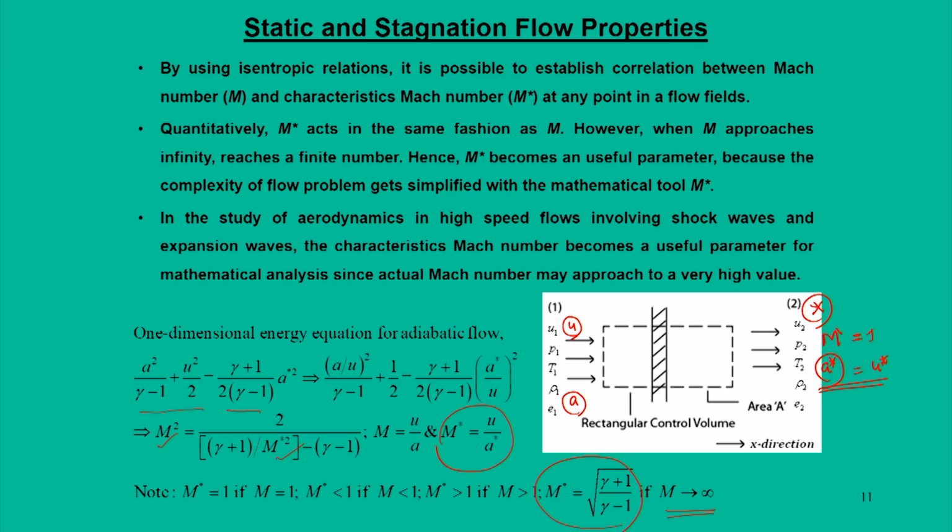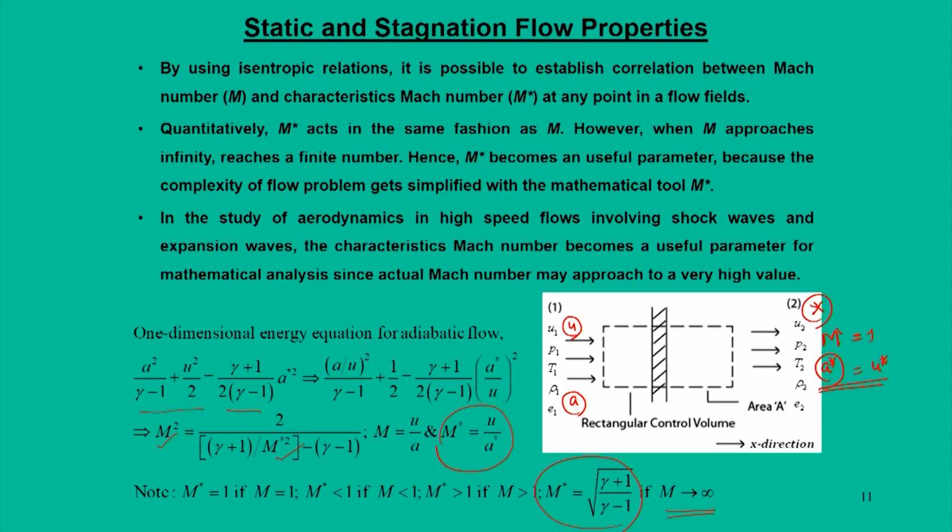When we are dealing with mathematical equations to solve, for which M star approaches infinity, it cannot be solved in a conventional manner. So, if you want to express Mach number in terms of characteristic Mach number, this becomes an important computational tool, because M star becomes a finite number, and here M star is the square root of gamma plus 1 by gamma minus 1.